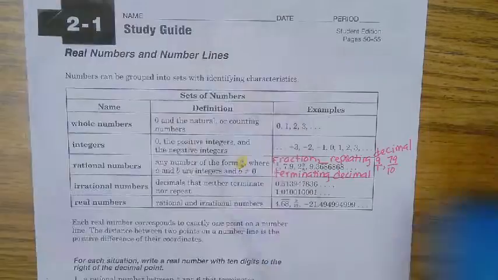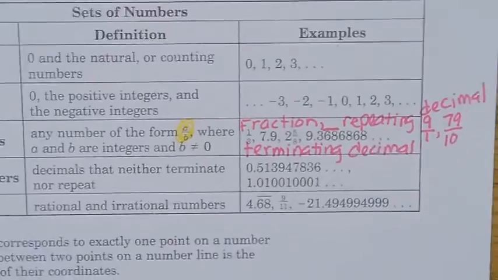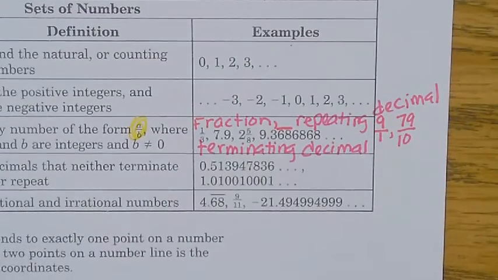So it's a fraction. And of course, our whole numbers can always be put over a 1 to turn them to a fraction. A repeating decimal or a terminating decimal. So terminating just means that it ends, right? So all of those are rational numbers.